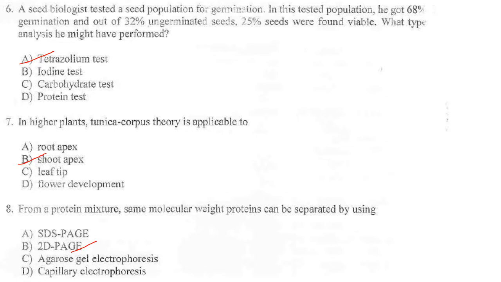In higher plants, tunica corpus theory is applicable to the shoot apex. Answer is B. From a protein mixture, same molecular weight proteins can be separated by using 2D-PAGE, two-dimensional polyacrylamide gel electrophoresis. 2D-PAGE separates proteins by native isoelectric point in the first dimension and by mass in the second dimension, so you can separate a mixture of same molecular weight proteins.